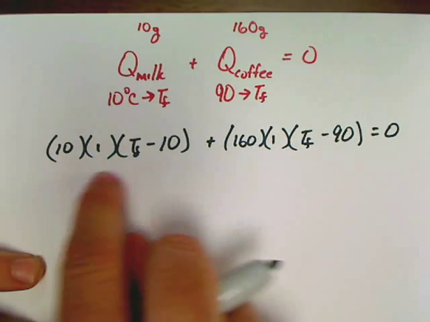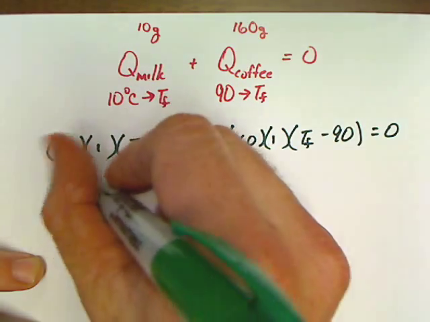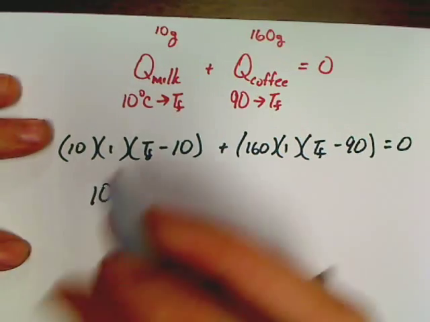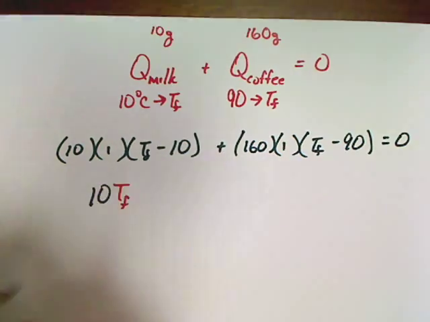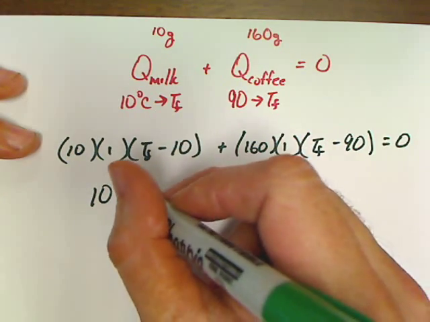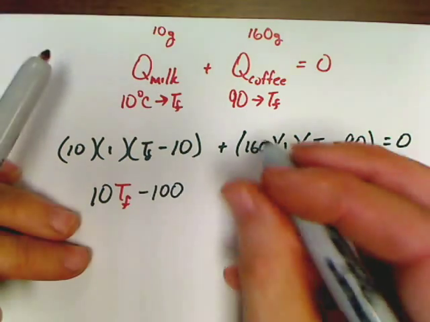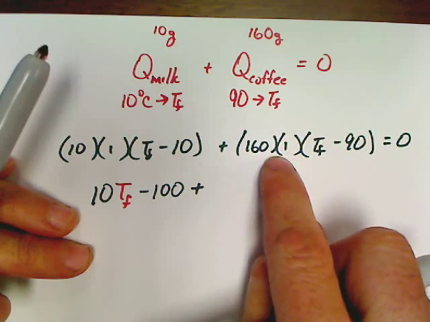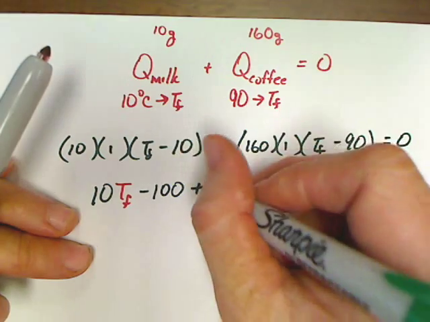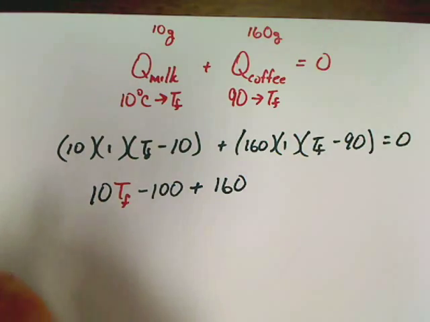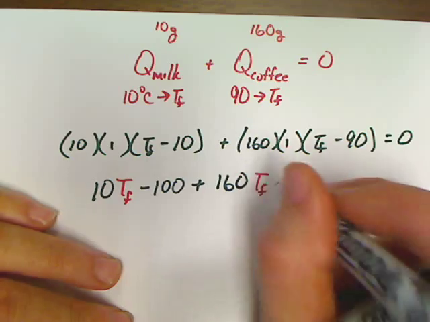This would be 10 times 1 times TF. So that would be 10 TF. 10 times negative 10. So that would be 100. Plus 160 times 1 times TF is 160 TF.